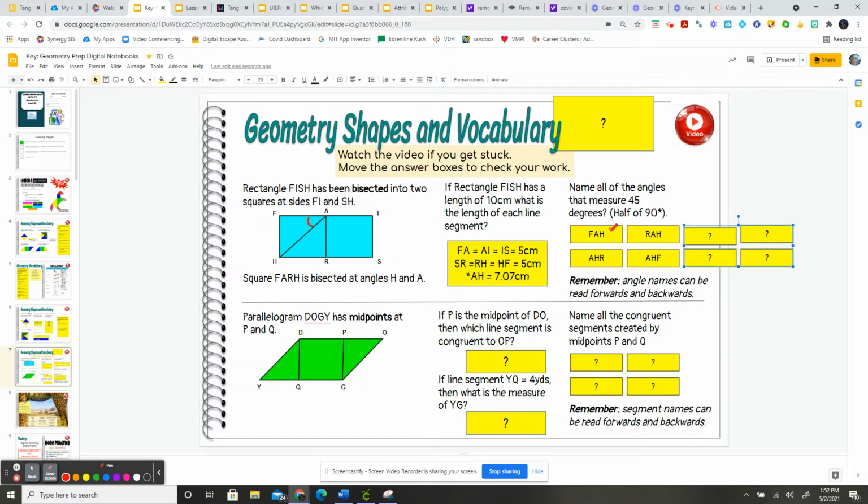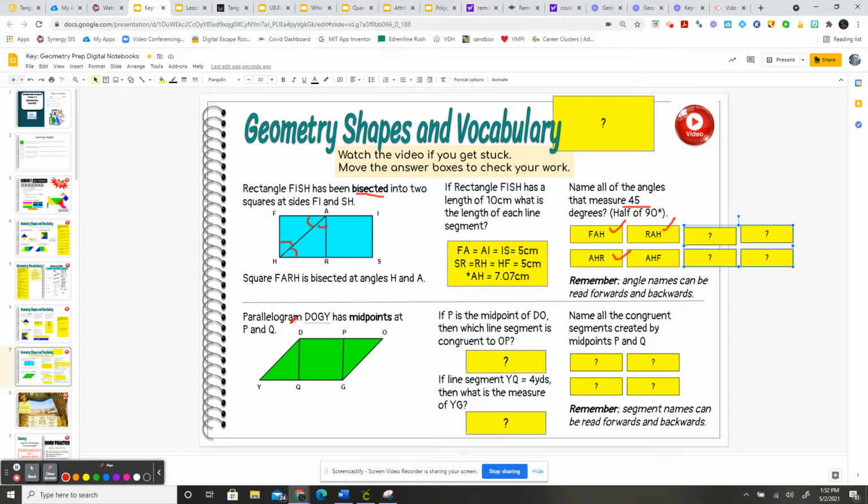This angle is 45 degrees. RAH. This angle is 45 degrees. AHR. This angle is 45 degrees. And AHF also 45 degrees. Because they've been bisected, they started as right angles, and now they are 45.